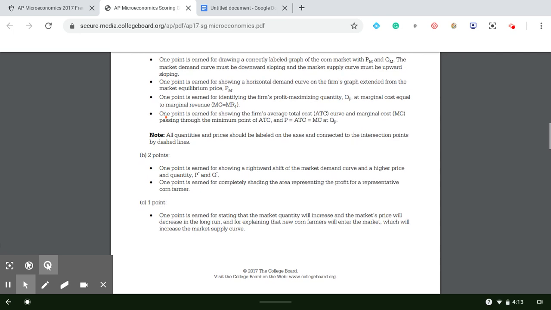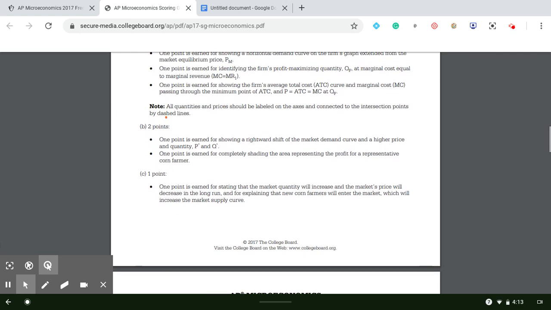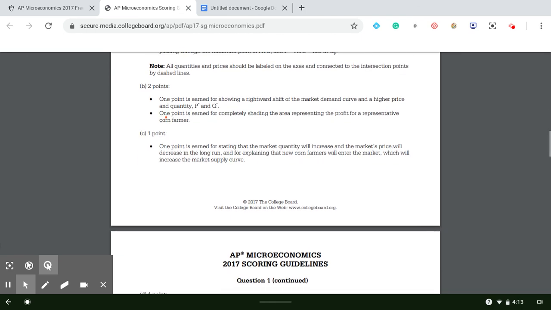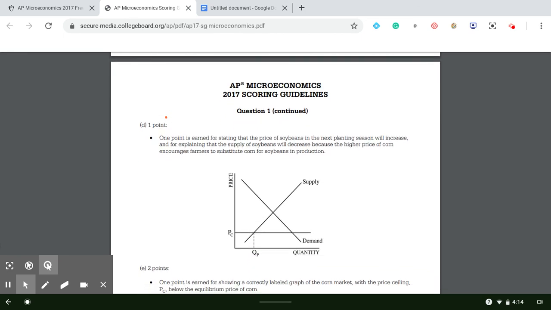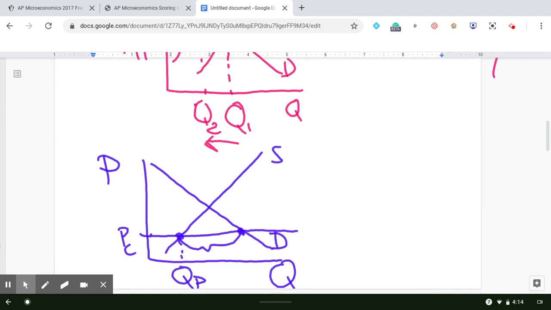One point is earned for showing the rightward shift of the demand curve and the higher price. That's what we just showed. One point is earned for saying that the market quantity will increase and the market's price will decrease in the long run, saying that new corn farmers will enter the market, which will increase the market supply. We explained that. D, one point is earned for saying that the price of soybeans in the next planting season will increase. We showed that up here.